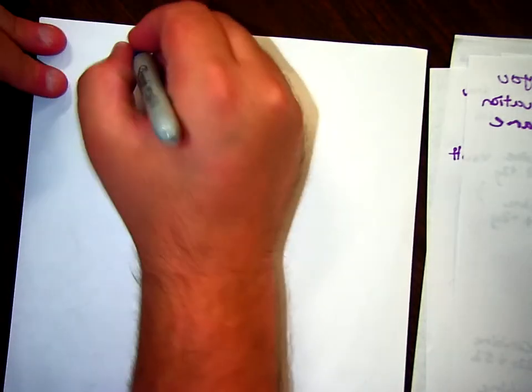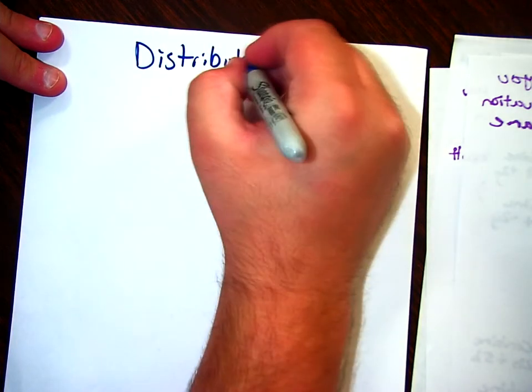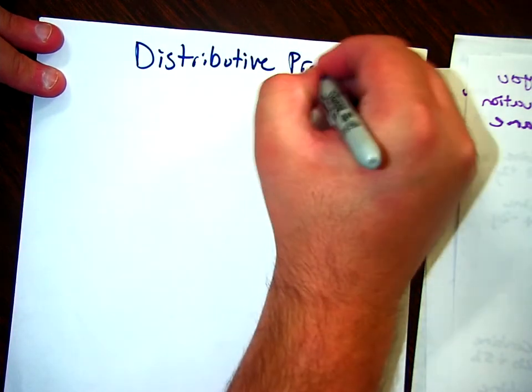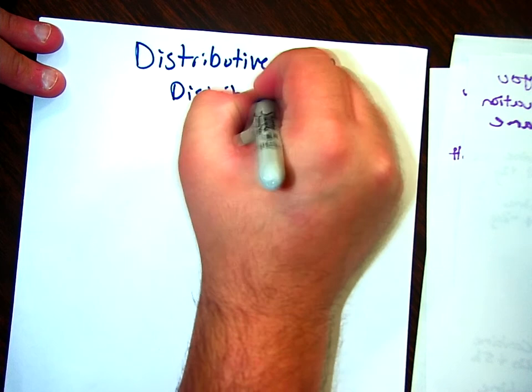Real quickly, distribution when a variable is involved. So this is going to be the distributive property, or distribution, as you'll hear me use it.